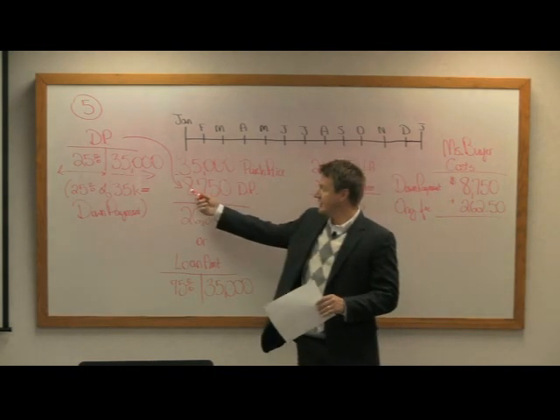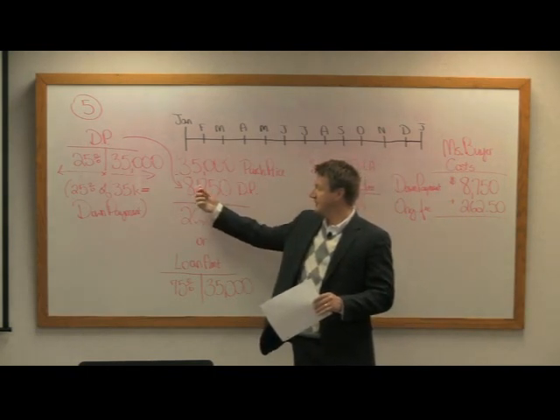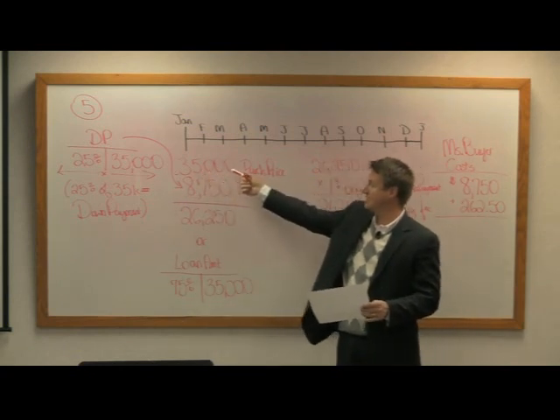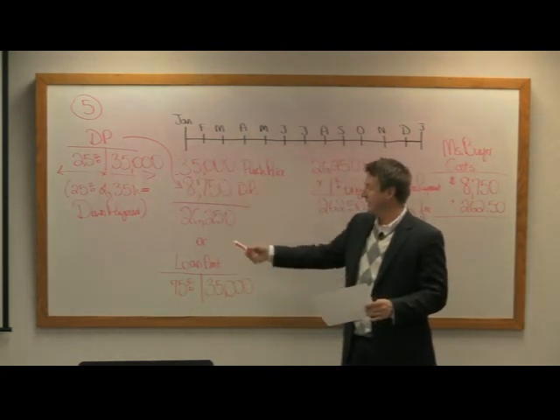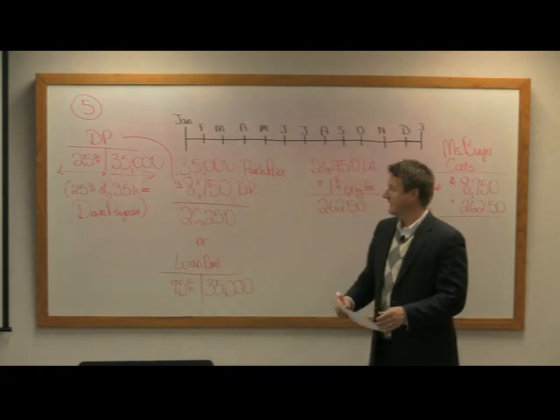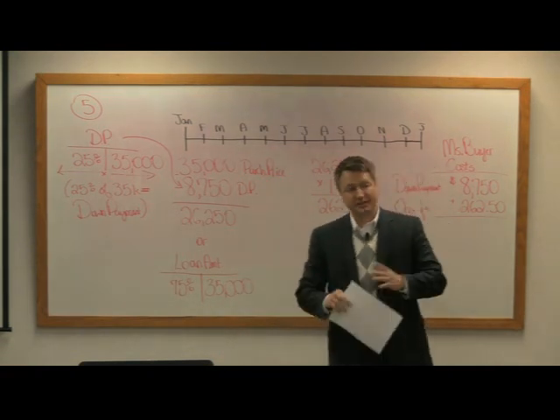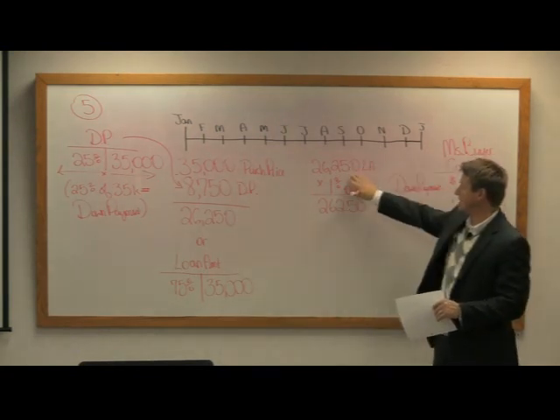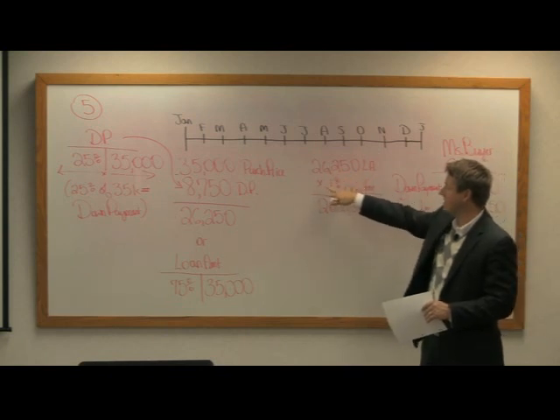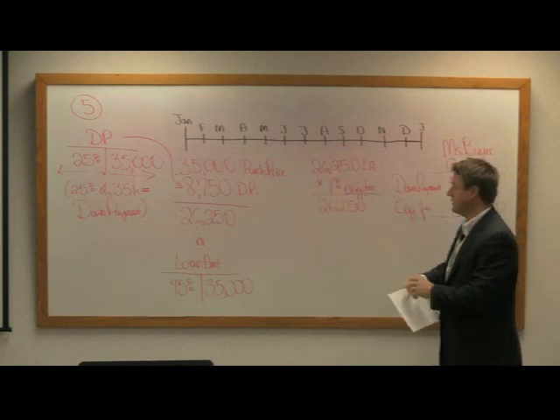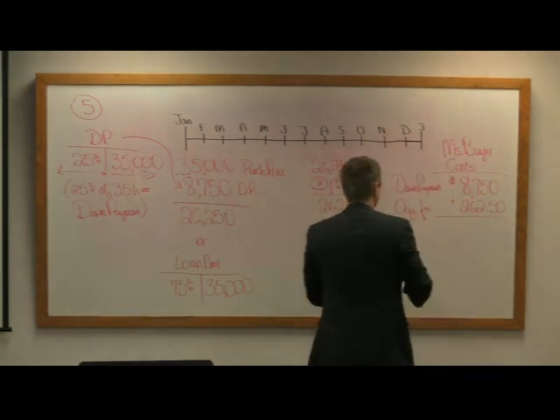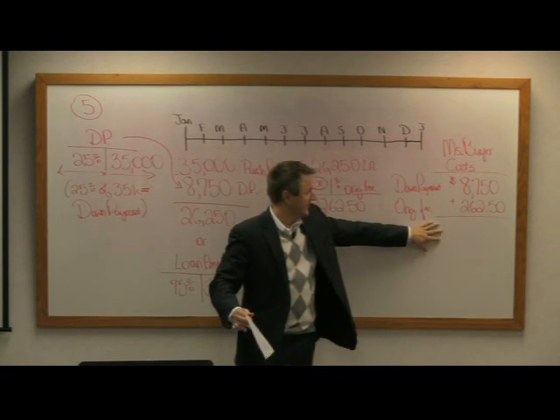Or I already know that she's going to put down the 25%, which is 8,750. I could just subtract that off the $35,000 purchase price, and that gives me the 26,250. Either way, this is my loan amount, and it's a 1% origination fee based on the loan amount. So 1% of tells me I need to multiply, gives me $262.50, and I have that right here.